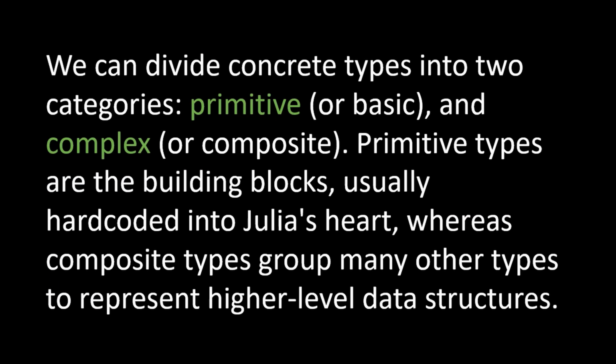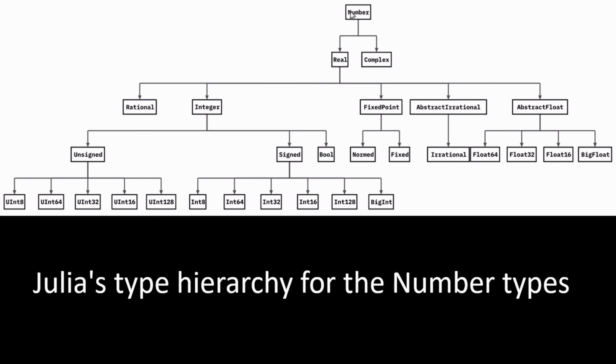We can divide concrete types into two categories: primitive or basic, and complex or composite. Primitive types are the building blocks usually hard-coded into Julia's heart, whereas composite types group many other types to represent higher data structures. For example, in this diagram which shows Julia's type hierarchy for the number types, we can see the subtypes of Number.